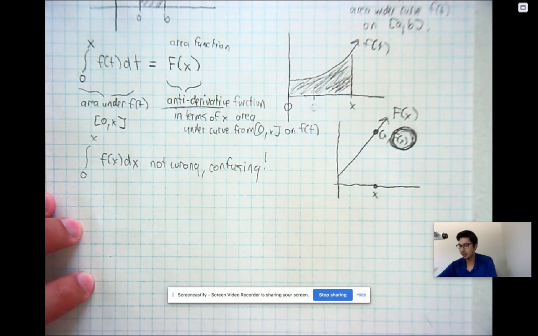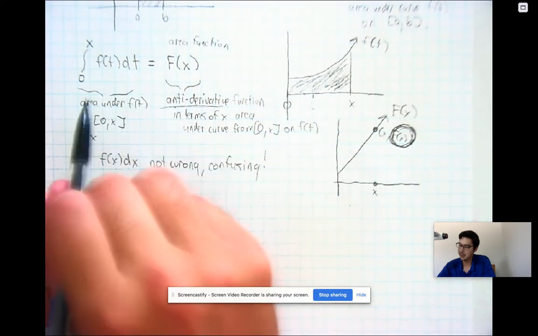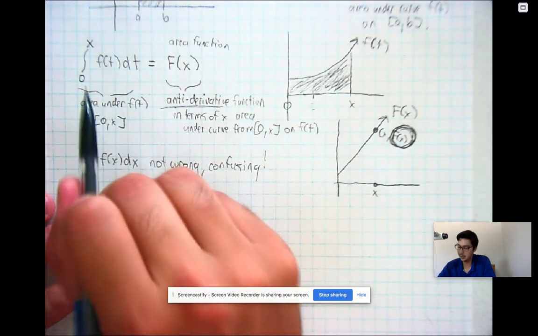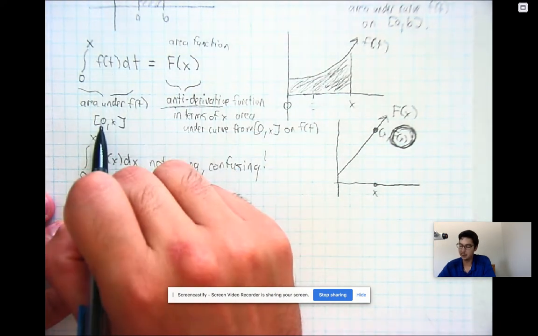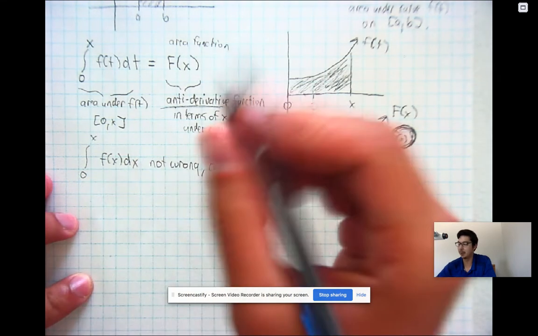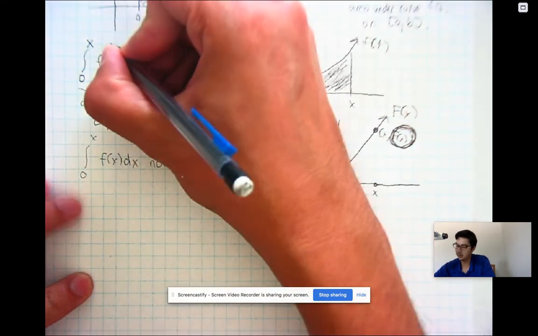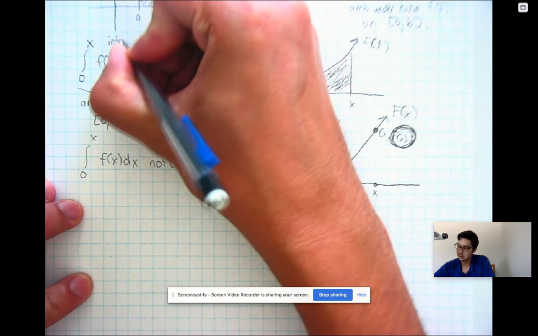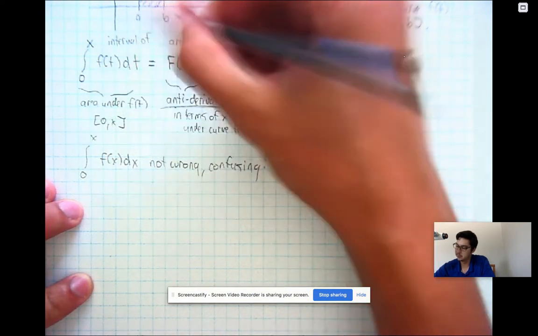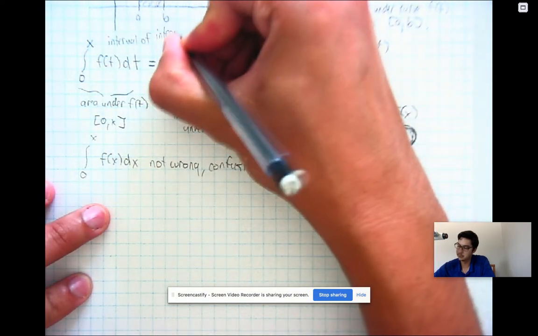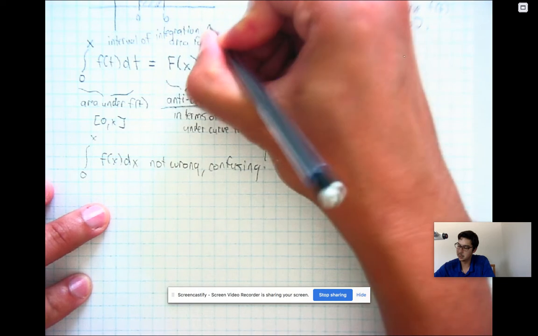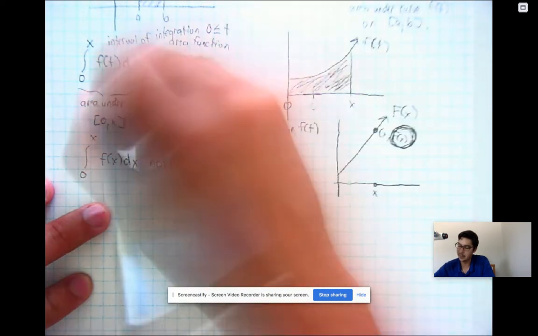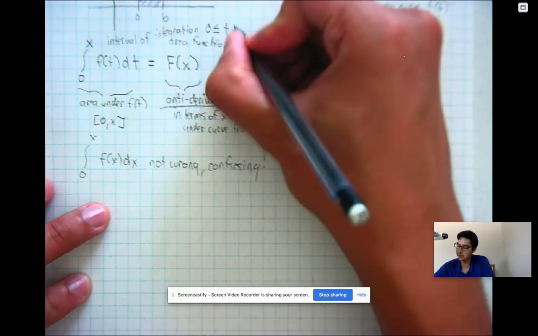And why is that? So up here, we were looking at the area under f, or the area under the curve of f of t in the range of 0 to x, or you can think about it as the interval of integration was 0 to x, for the values t between 0 and x, right?